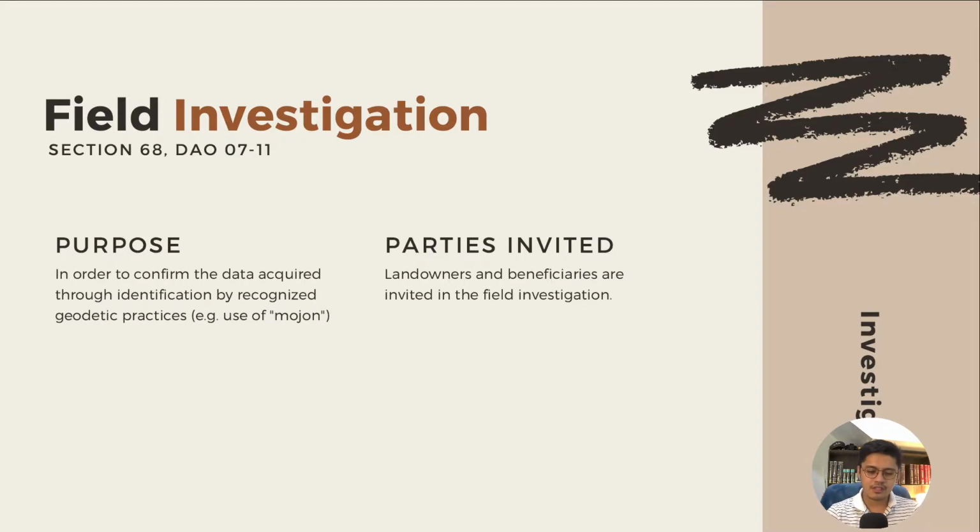In fact, the rules mention cylindrical marks, which we call muhon in the province. These cylindrical marks are placed in areas and signify the metes and bounds, with the use of recognized geodetic practices, because this field investigation requires knowledge of recognized geodetic practices.